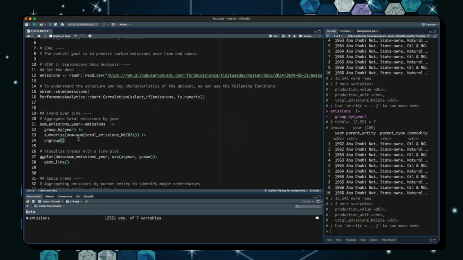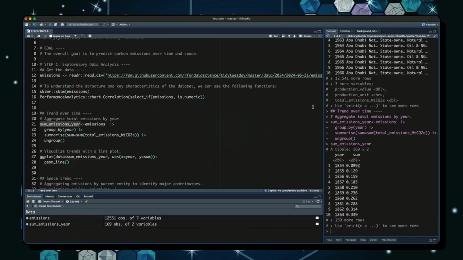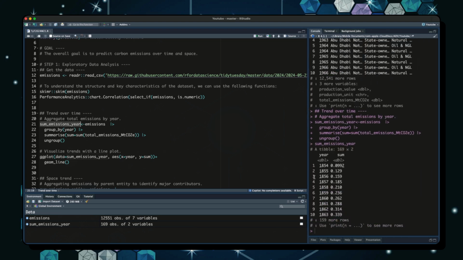And if I want to see a trend over the years, I need to sum the value in the column that I'm interested in. So I need to summarize by total emission. So here is the data that we are going to visualize.